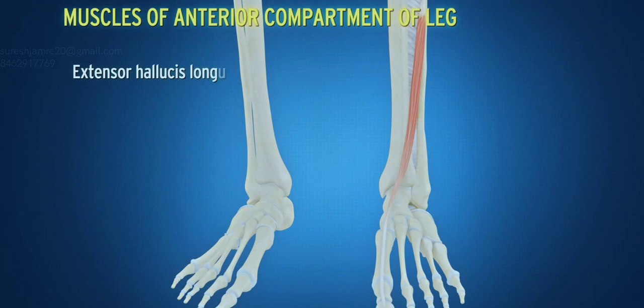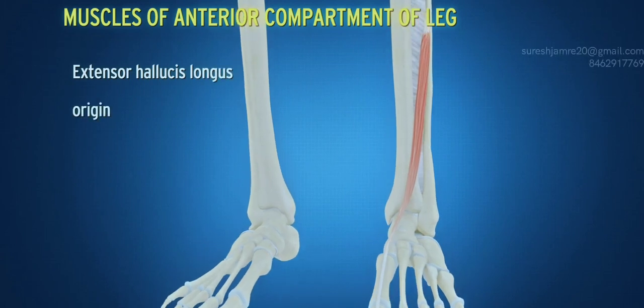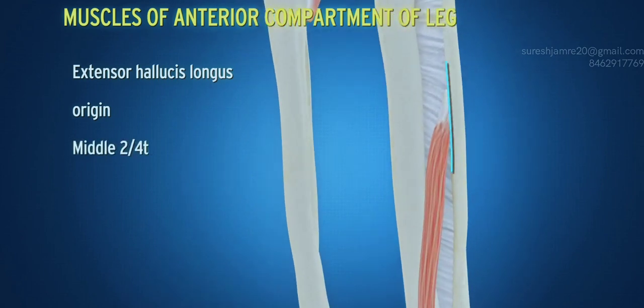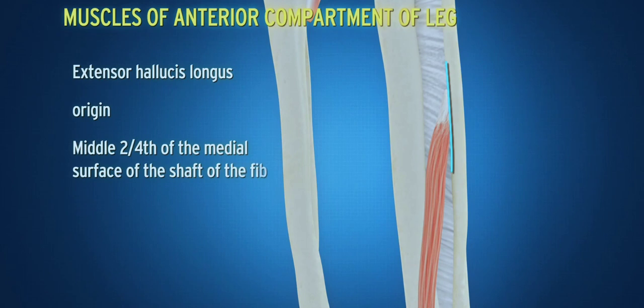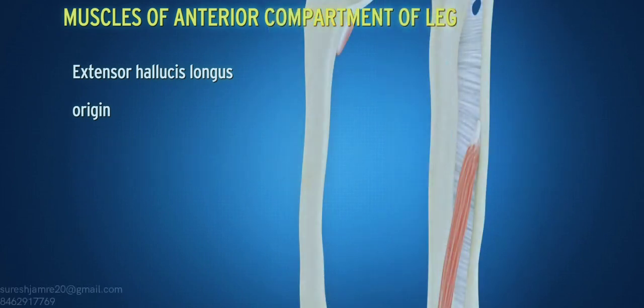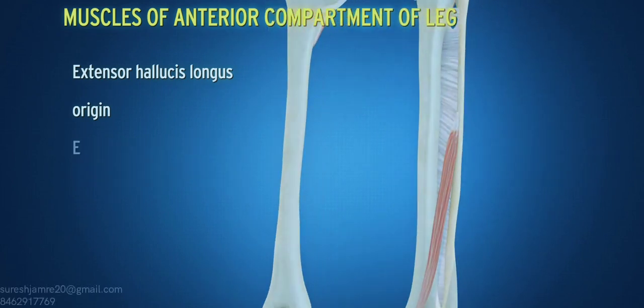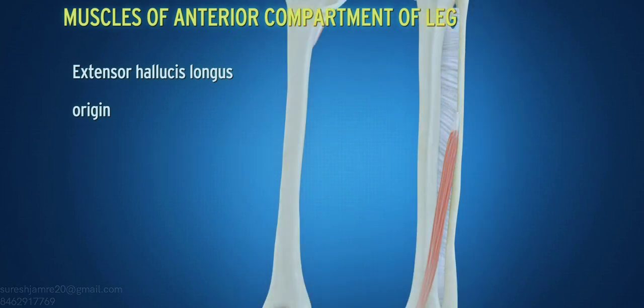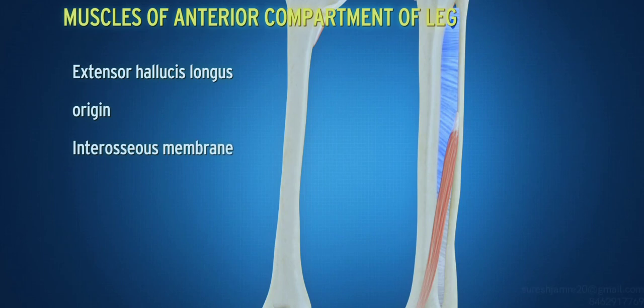Extensor hallucis longus. Origin: from the middle 2/4 of the medial surface of the shaft of the fibula, medial to the extensor digitorum longus and adjoining part of the interosseous membrane.